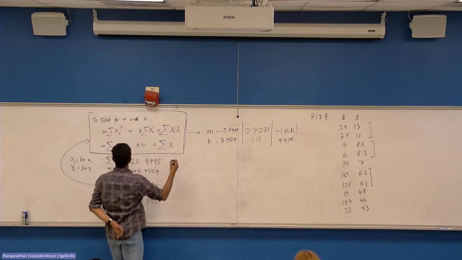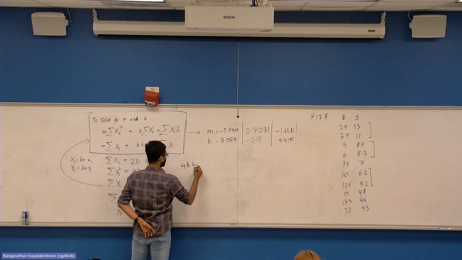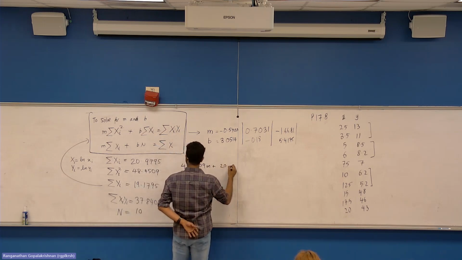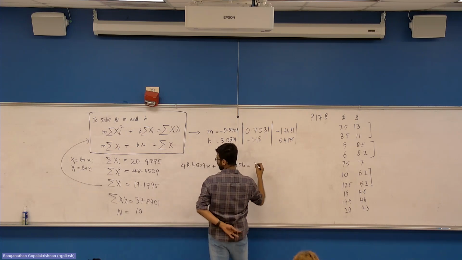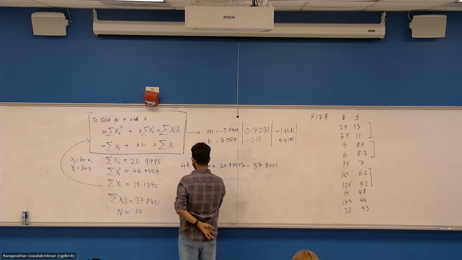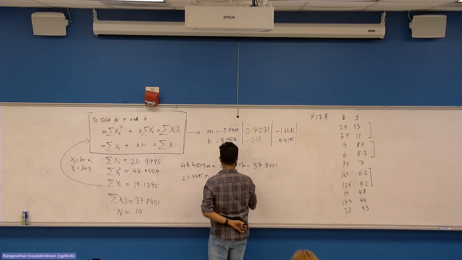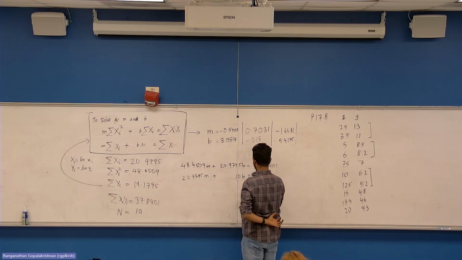So just to make sure we are all doing the same equation, 48.4509 M plus 20.9795 B equal to 37.8401. And then I have 20.9795 M plus 10 B equal to sigma Y being 19.1795.